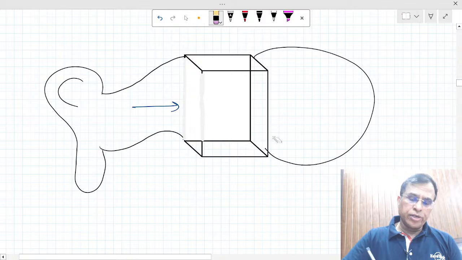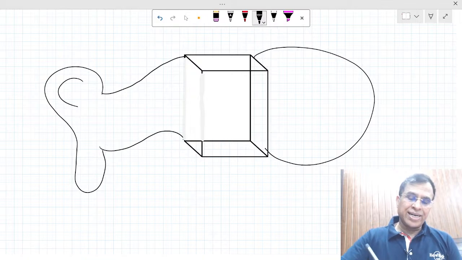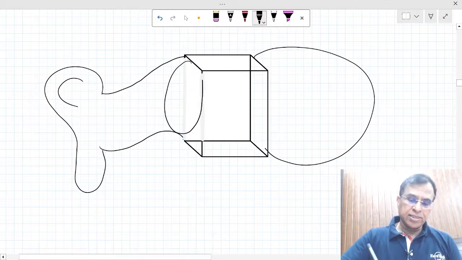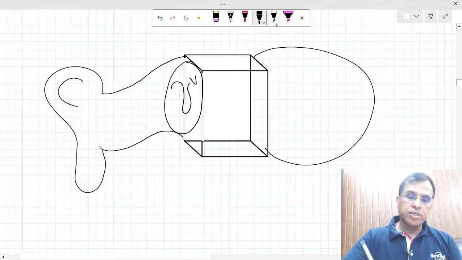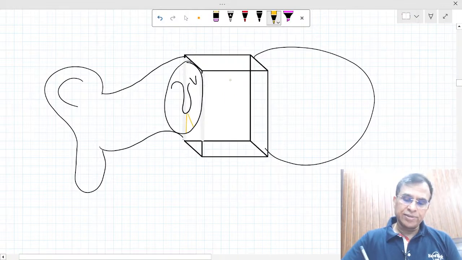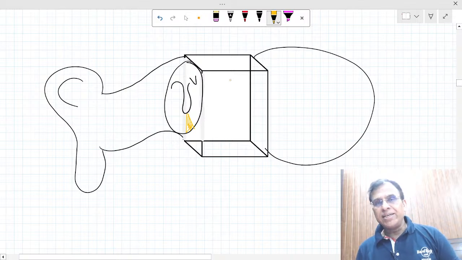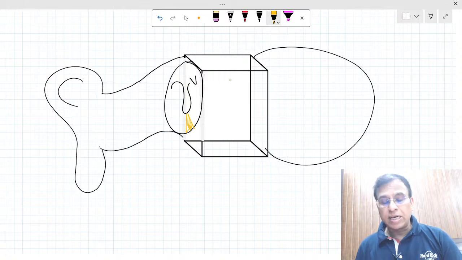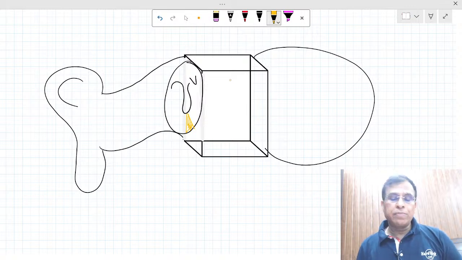So for the outer boundary, I should draw a membrane like this, with the handle of malleus, lateral process and the cone of light like this. Basically, whatever we discussed about tympanic membrane just now is applicable to the outer boundary of the middle ear. Everything is the same. Obviously, that means one boundary you know already.